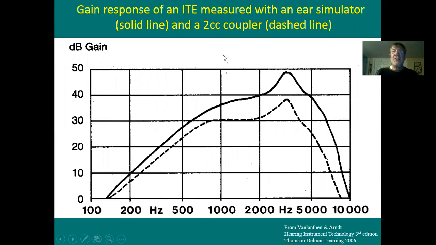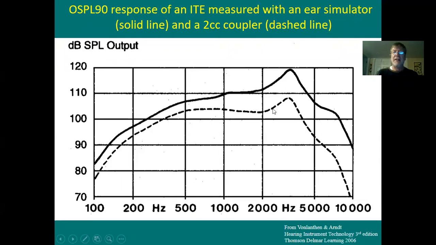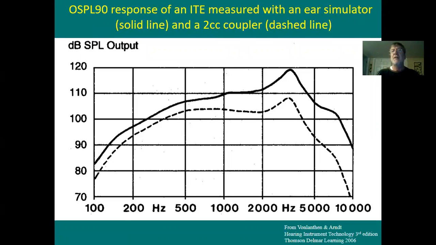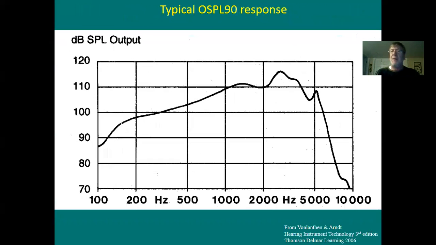Gain response of an ITE measured on KEMAR versus a 2cc coupler again. And again, same thing with an ear simulator, OSPL 90 response instead of a gain response. Same kind of differences. I gave you four slides so you really embed the concept in your minds.